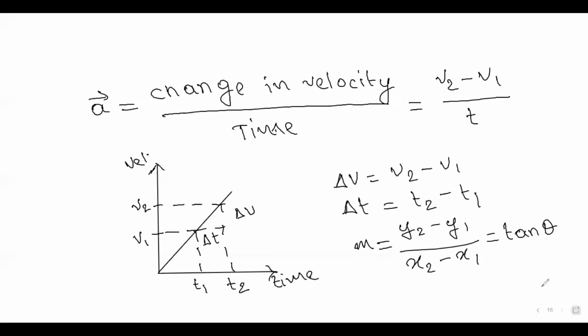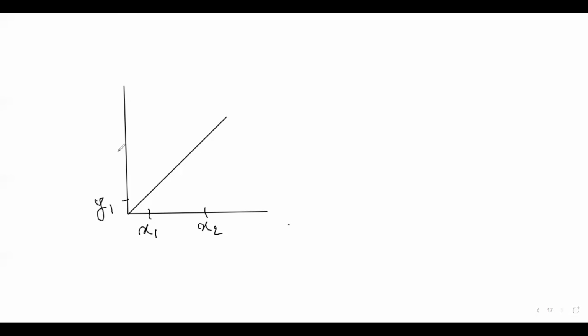So I'm going to define slope in a very simple manner. So if this is a graph, let's say, and I'm just drawing a graph like this, and this is, let's say, x1, this one is x2, this one is y1, and this one is y2.